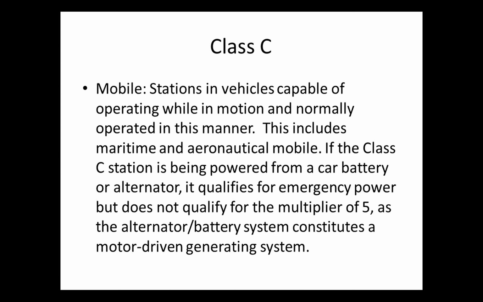The alternator in your vehicle is considered emergency power, because you're using your engine as a generator to charge a battery to run your radio. So that's all good. If you plan on working out of your car, you would classify yourself as a Class C station.